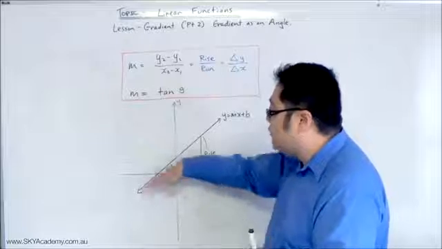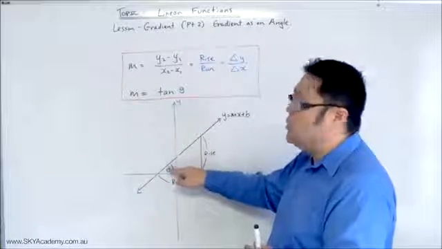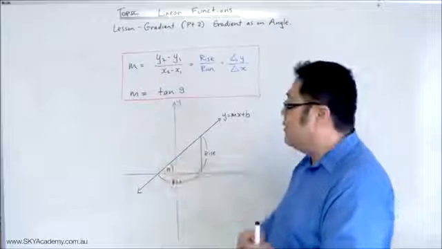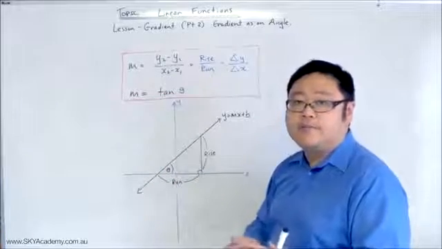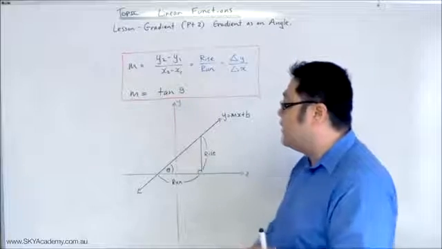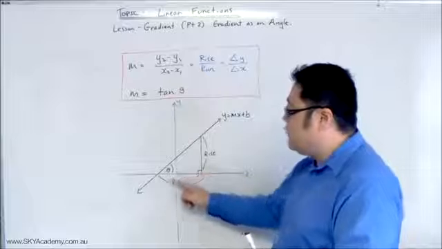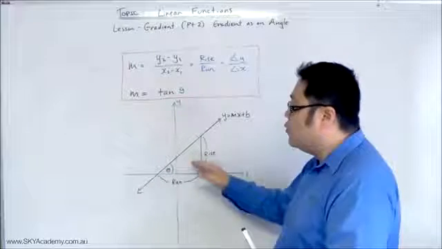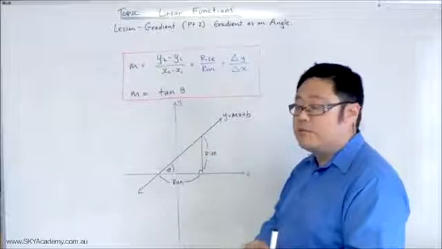The angle between the line and the x-axis, which we'll call theta, is also related to the gradient of the function, or the gradient of the straight line. And the reason why is because the rise over the run forms, with the equation of the straight line, a right angle triangle, right?